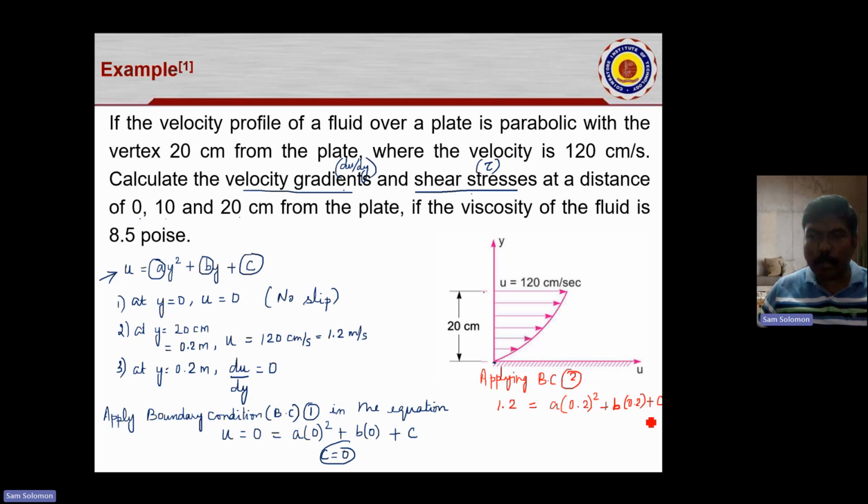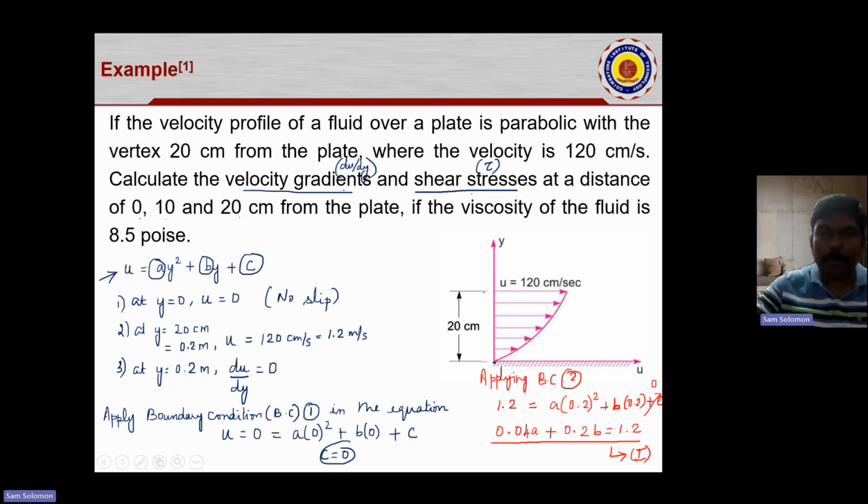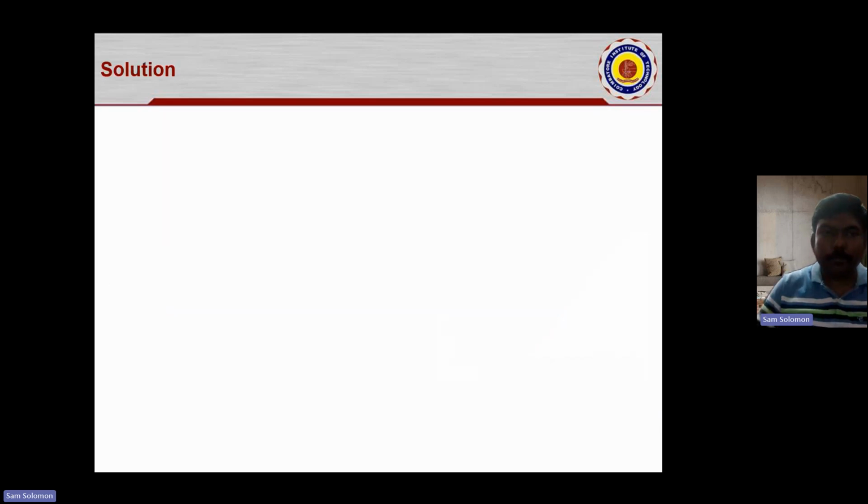What we know is c is already 0. So we are left with the equation 0.04a plus 0.2b, that is going to be equal to 1.2. This is one equation that we have got. Let's call that equation Roman number 1, the capital Roman number. Okay, let me move on to the next page.